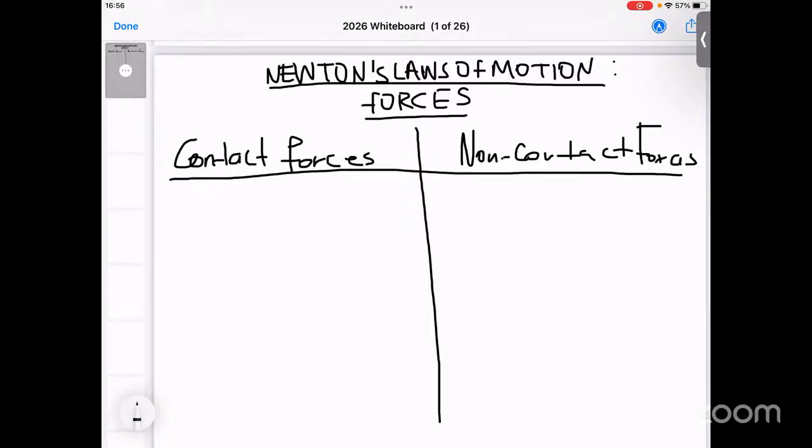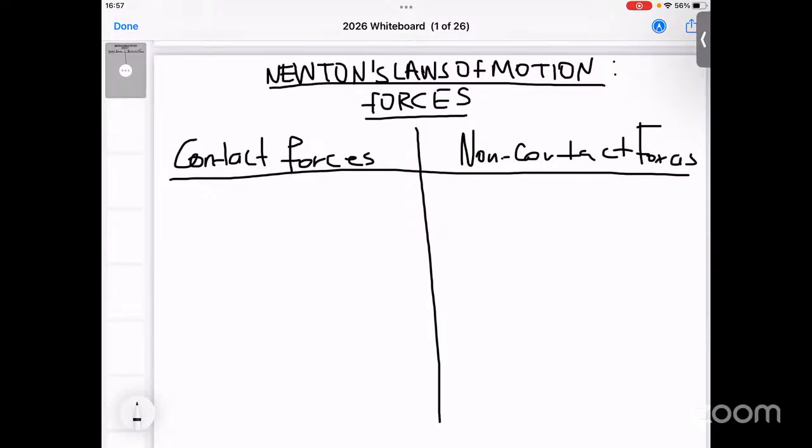With regards to Newton's laws of motion, this is where they start. This is the best way to start this chapter. Contact forces are forces exerted between objects that are in contact with each other. Non-contact forces are forces exerted between objects over a distance without physical contact.